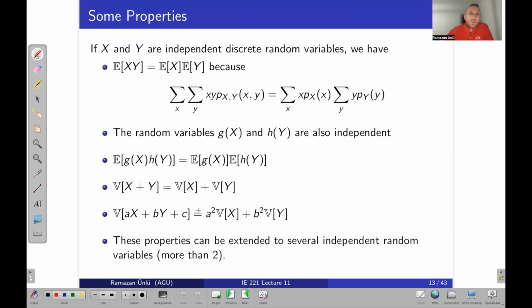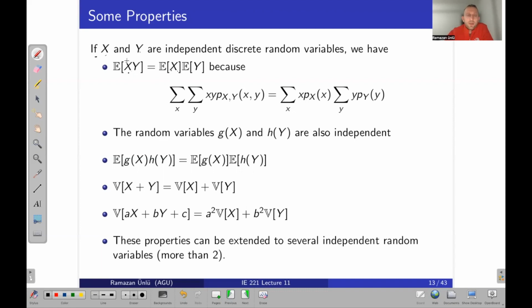There are some useful properties we can use in many problems. If X and Y are independent discrete random variables, then the expected value of X times Y is equal to the expected value of X times the expected value of Y. The proof is simple.